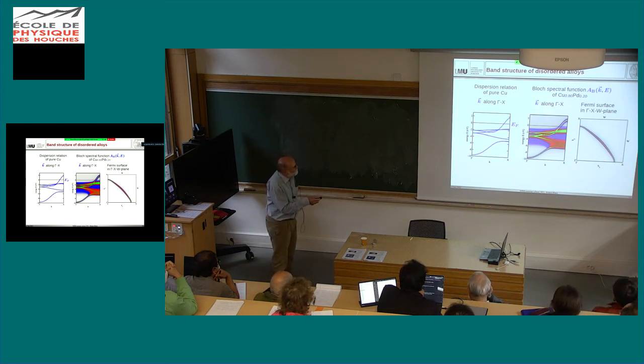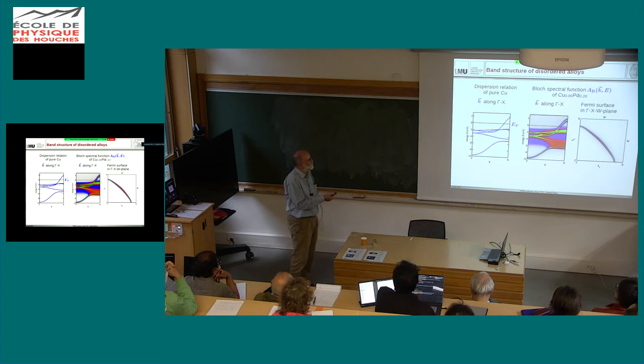And now this width is really connected with the Bloch spectral function due to the disorder in the system. So what you have obviously for that system, copper 80, so it's copper rich, you still have the remainders present of what you know from the copper dispersion relation, so you see these relations.